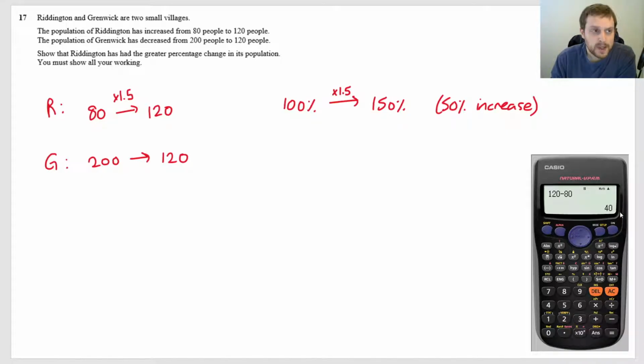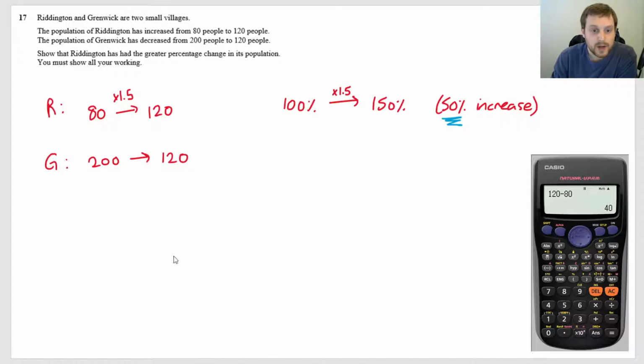Now, as a percentage of the original population, because remember this is from the original population to the new population through the increase, the original population was 80, and of course 40 is half of 80. 40 out of 80 is 50%. So you would get the answer of 50% if you did that. Okay.